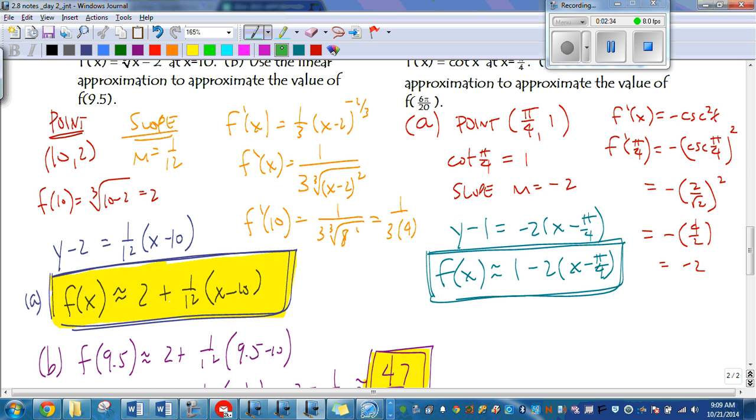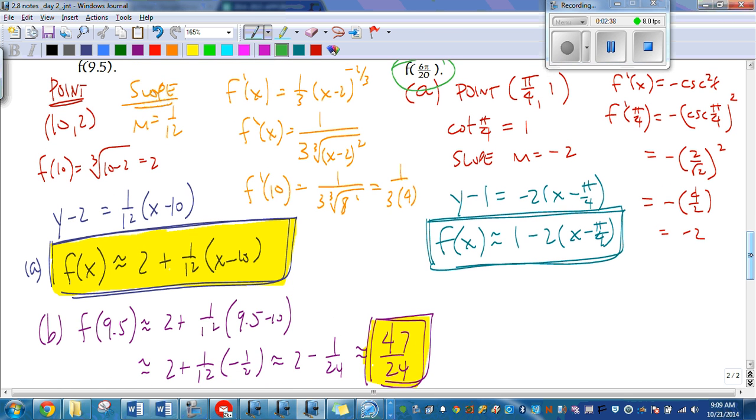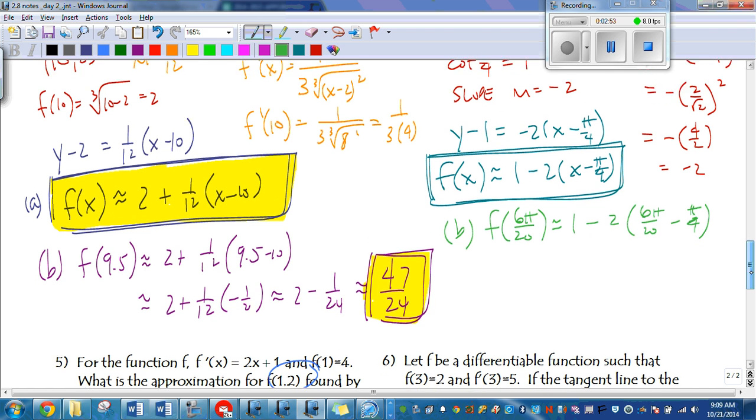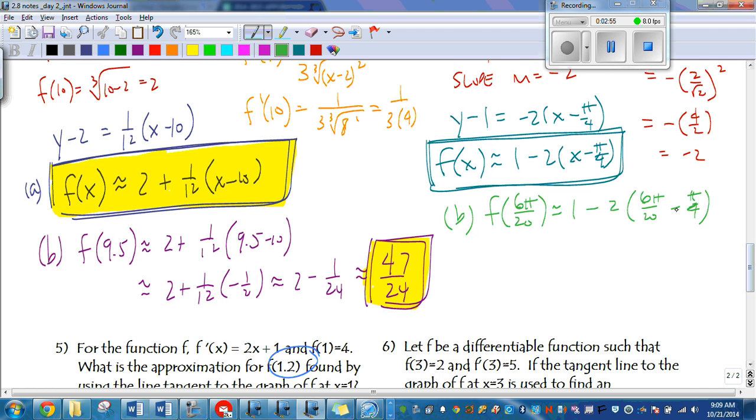For part B, it asks us to use that to approximate f of 6 pi over 20. So we want to figure out approximately what is f of 6 pi over 20. We have 1 minus 2 times 6 pi over 20 minus pi over 4. So in order to subtract those, we need the same denominator.